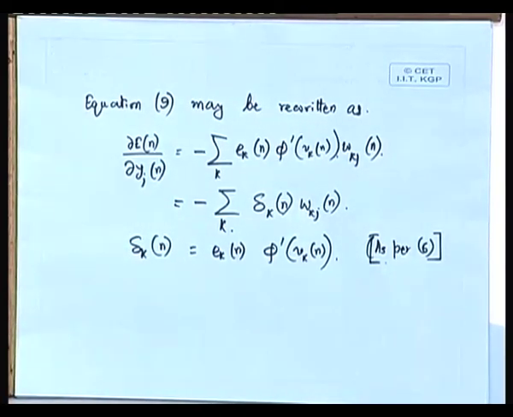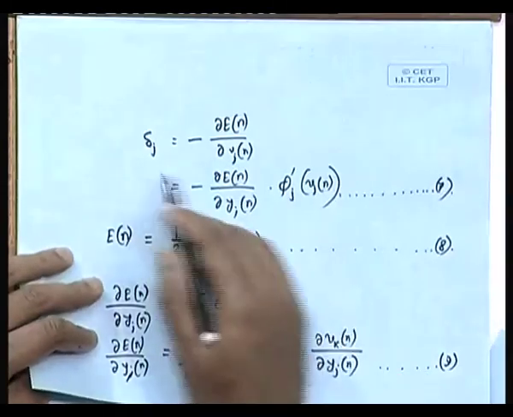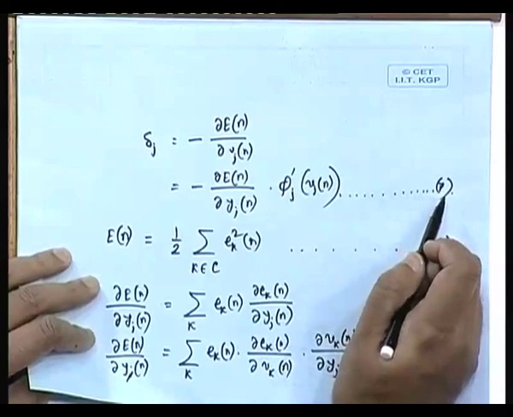We now want to compute delta J. So delta J is, yeah, equation number 7. So we have to go back to equation number 7.